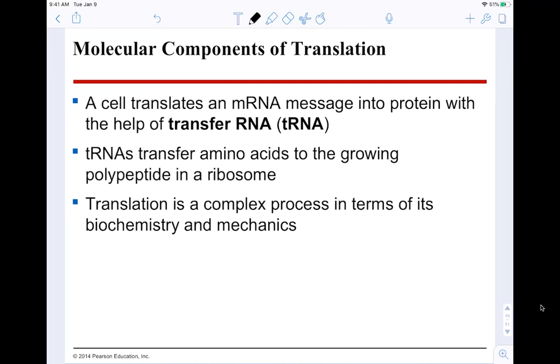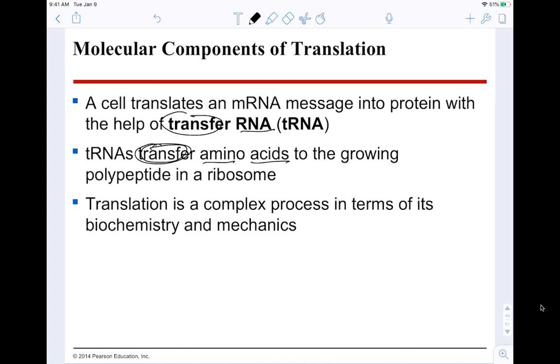The cell translates an mRNA message into a protein with the help of a transfer RNA, or tRNA, molecule. tRNAs transfer amino acids. Makes sense, they're called transfer RNAs. What are they transferring? They're transferring amino acids to the growing polypeptide chain at a ribosome. This makes sense because without amino acids, you can't have a protein, right? So they are transferring amino acids.